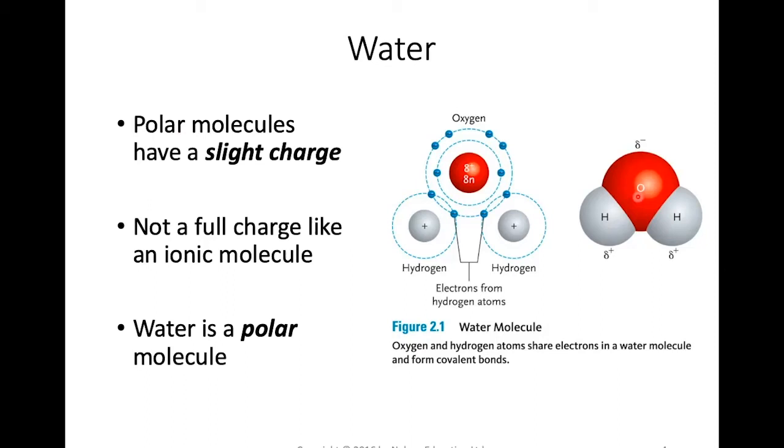Now, this is different from an ionic molecule. Okay, ionic compounds are made up of metals and nonmetals. Right? So if you look at the periodic table, you're looking for the metals on the left and then the nonmetals on the right. So an example of an ionic compound would be sodium chloride, which is our table salt. Okay, so sodium, Na, and then chlorine, Cl.